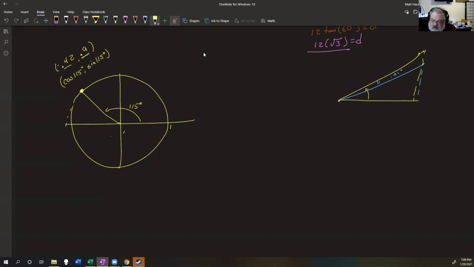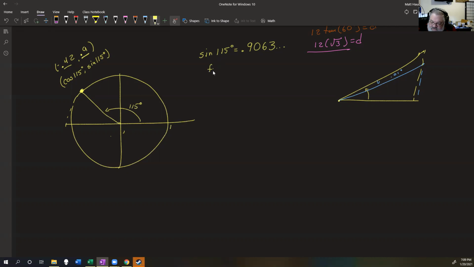So, interesting kind of question here. The sine of that 115 degrees, we decided was 0.9 something, right? 0.9063, carrying. I just feel better about that.